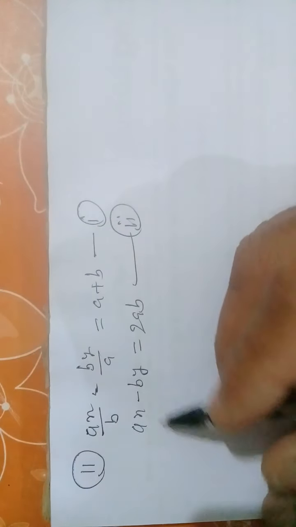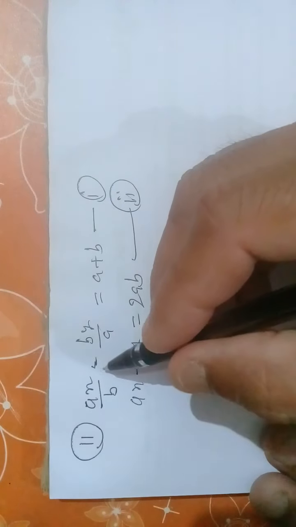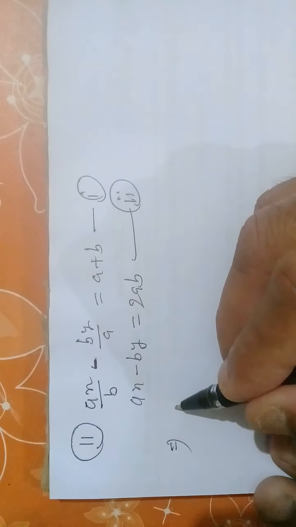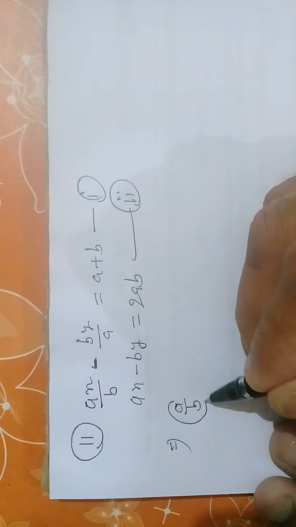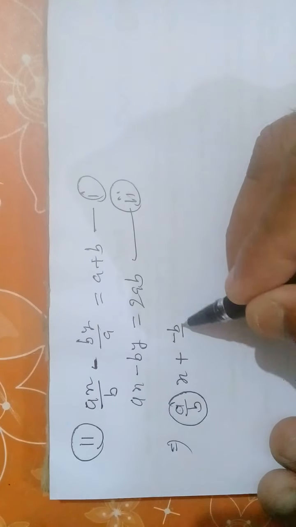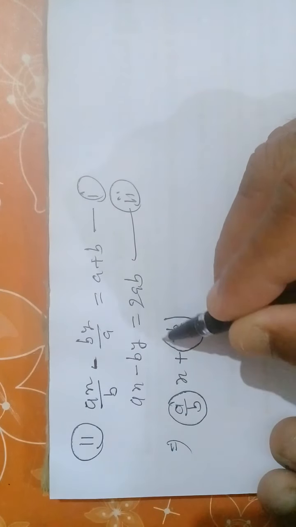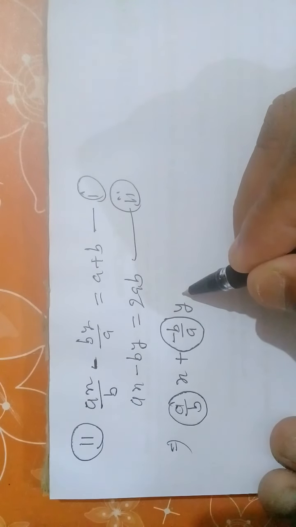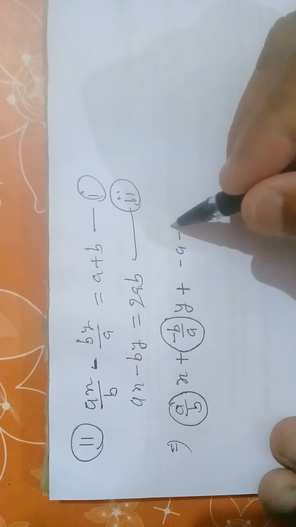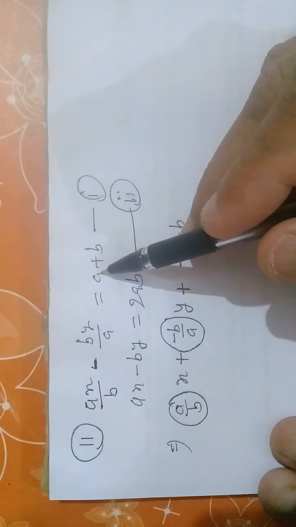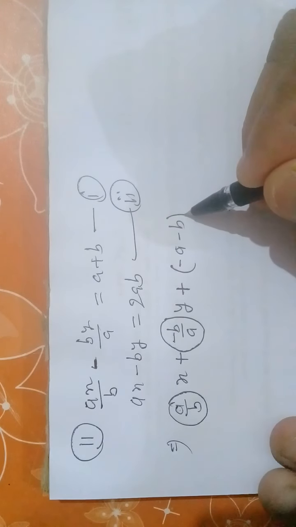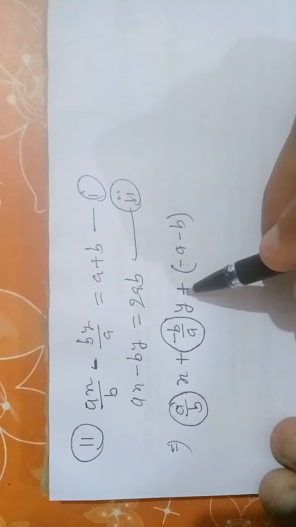In this equation we can write a by b x plus minus b by a y plus minus (a plus b). The RHS goes to the LHS, so both signs become minus.